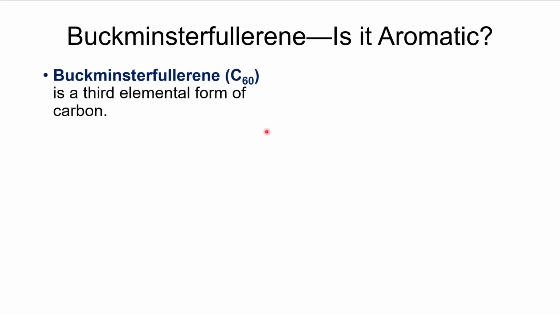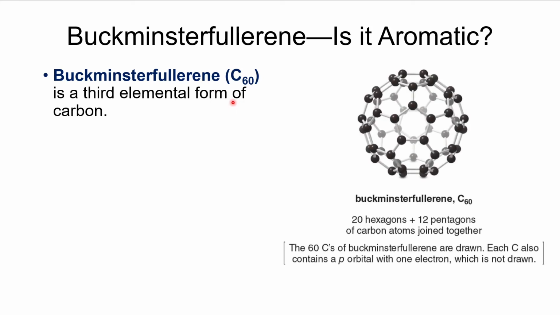When we look at Buckminsterfullerene, it's carbon C60, and every carbon is sp2 hybridized, meaning that there are sp2 orbitals that overlap to give us these sigma bonds between each of the carbons. Perpendicular to those are p orbitals, and so every one of those 60 carbons has a p orbital that is capable of being completely conjugated.